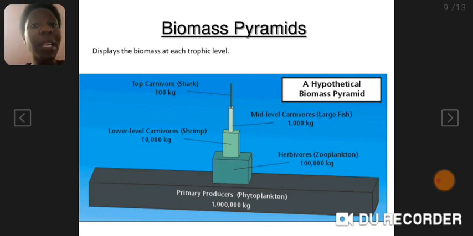You have 1 million kilograms of phytoplankton as the total biomass. Now, biomass, the unit is kg because you're talking about mass. You're taking a weight of the mass. You weigh the mass, and the unit is kg.